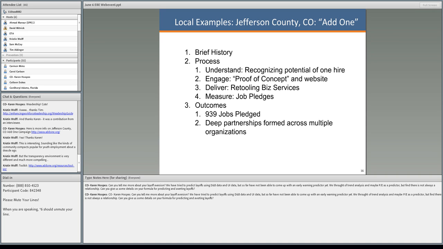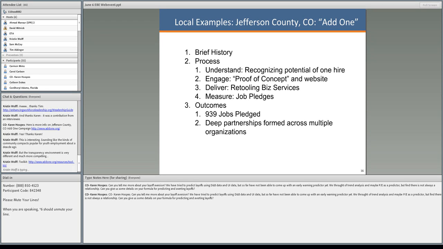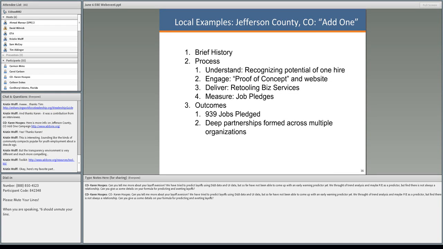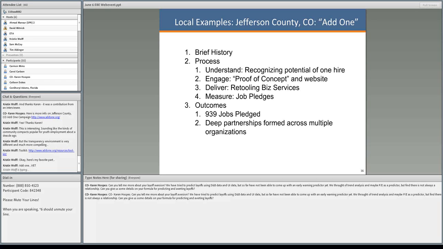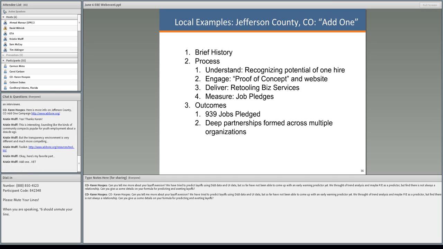I think I also talked to a staff member there and found that they're playing with a couple of additional ideas with the idea of Add One. When they looked at their labor market, they realized that a lot of great services are being directed towards veterans, providing really good services for returning veterans and veterans who are looking for work. But what they did realize is that there's not very much happening specifically for the spouses of veterans.